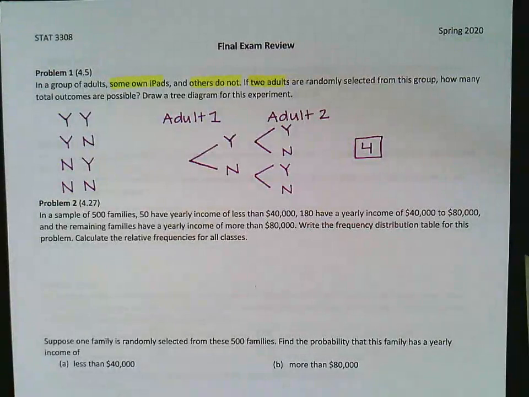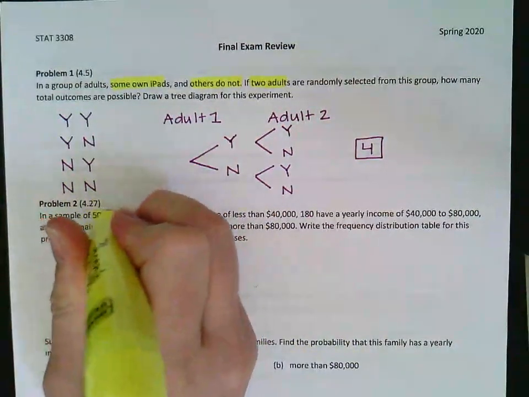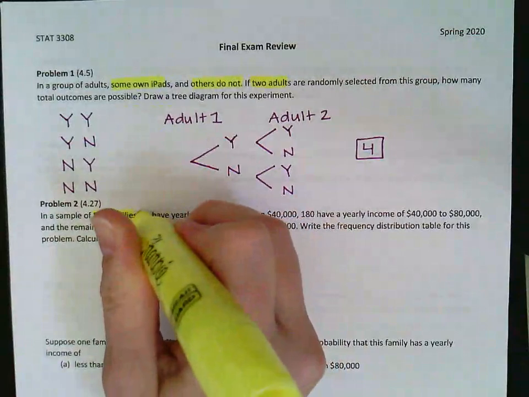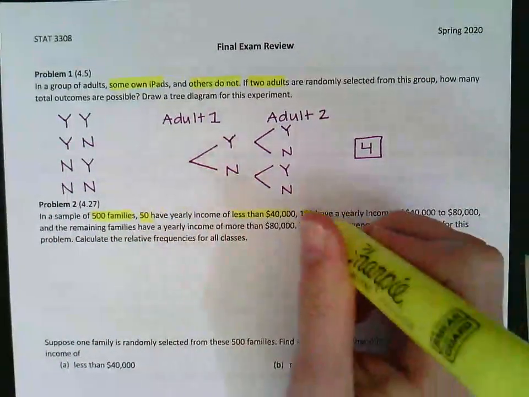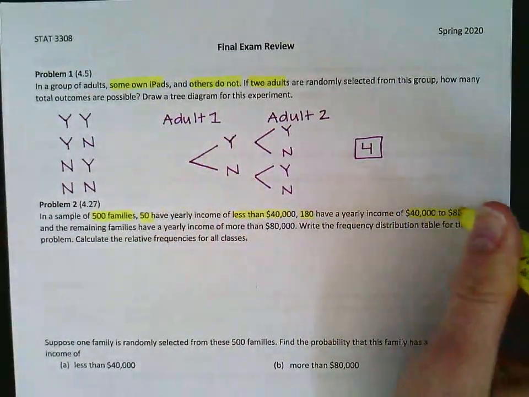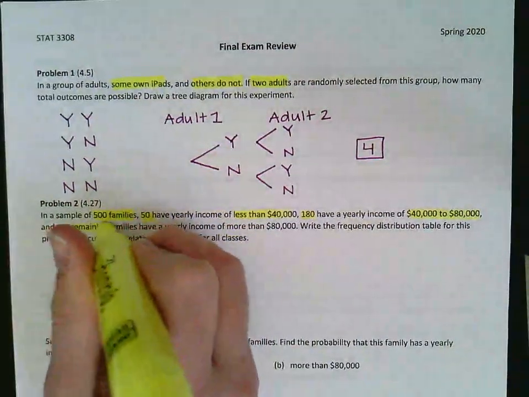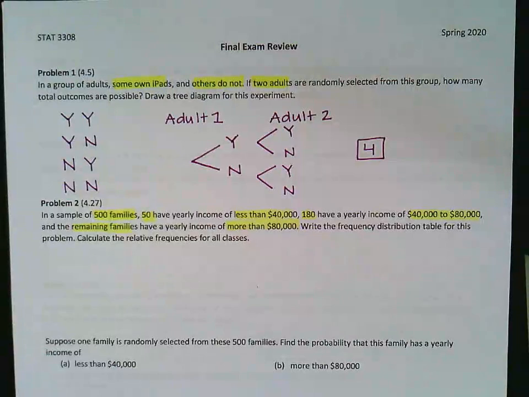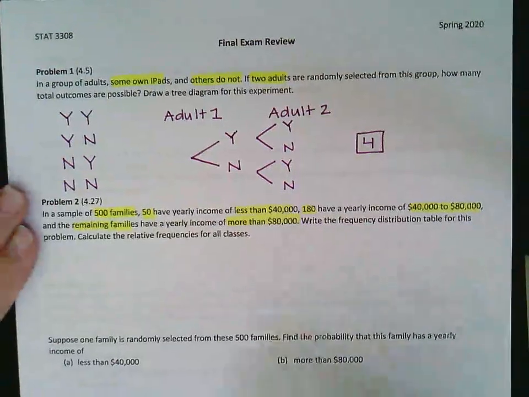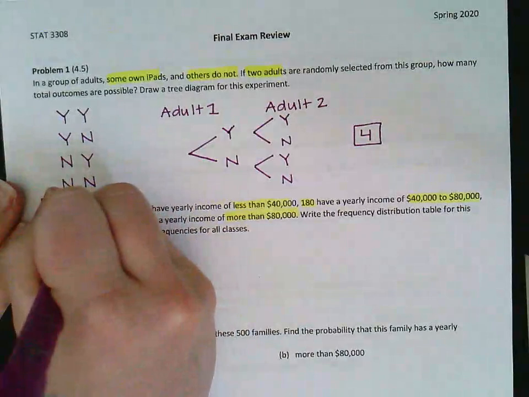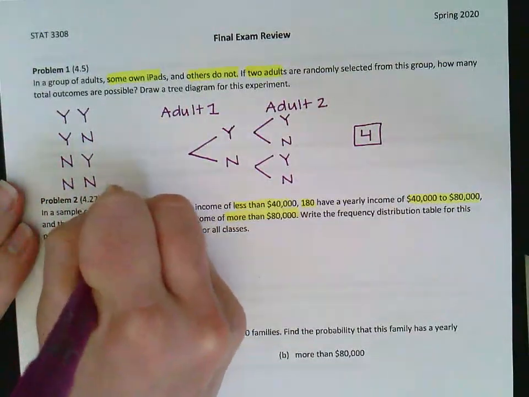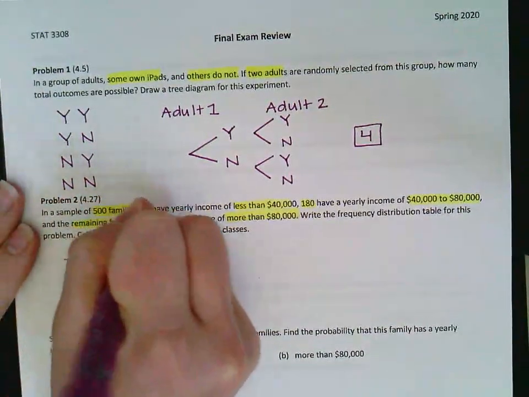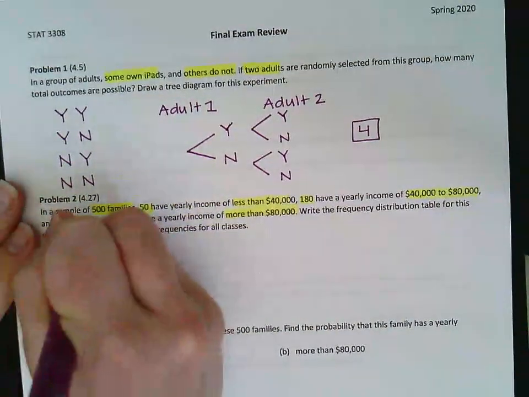Okay. All right, on problem 2, this is from the next section. In a sample of 500 families, 50 have an income of less than 40,000, 180 between 40 and 80,000, and then it just says the remaining families more than 80,000. Write a frequency distribution table for this problem. So our actual variable of interest here is income, and it gave us 3 income brackets. It gave us less than 40,000.